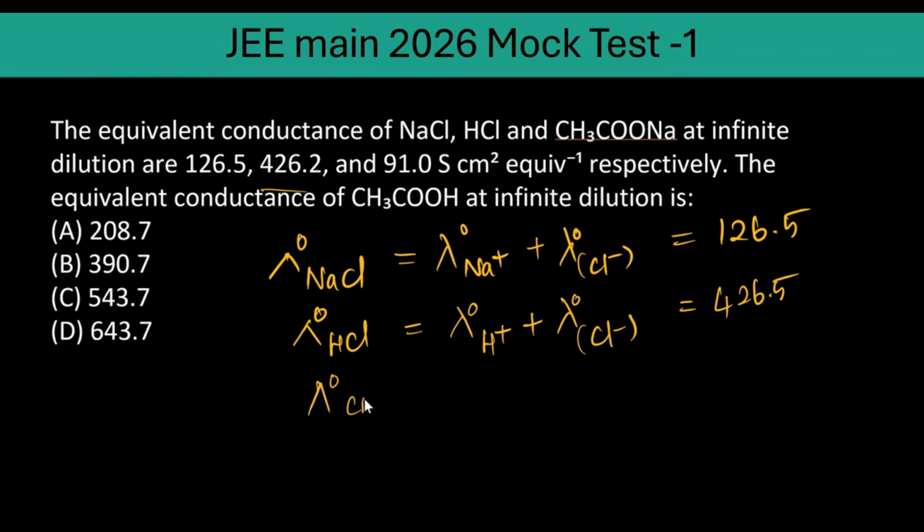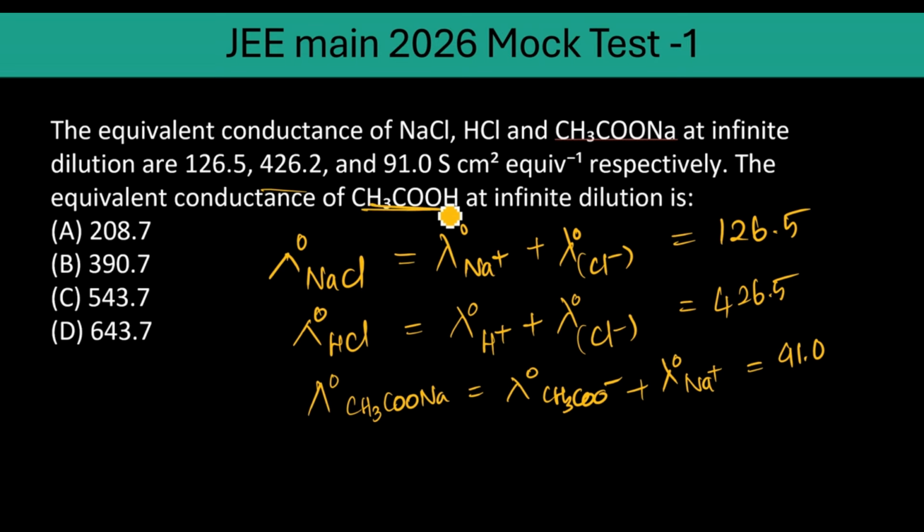Similarly for sodium acetate, which is acetate and Na plus, that is 91. I want acetic acid, so H plus and acetate I want. So how can I do the calculation?